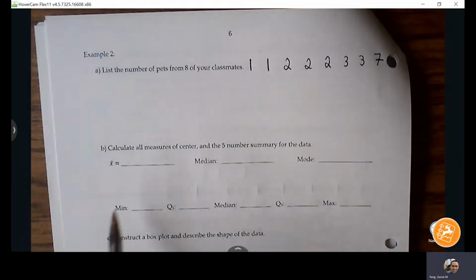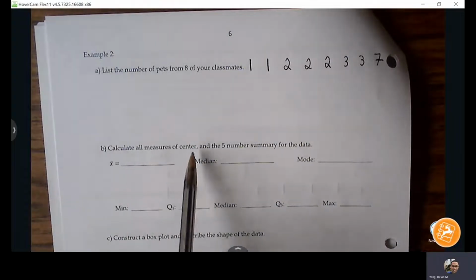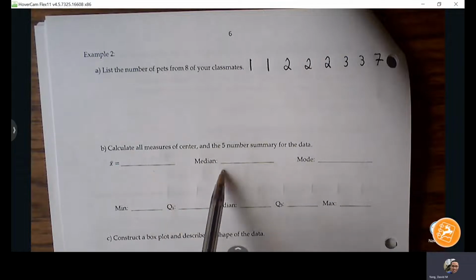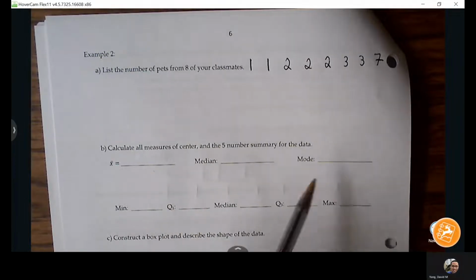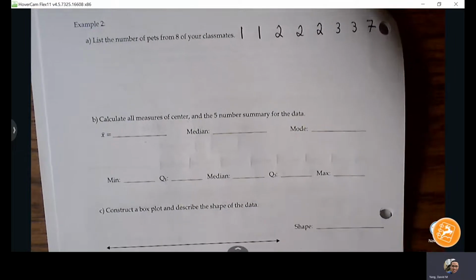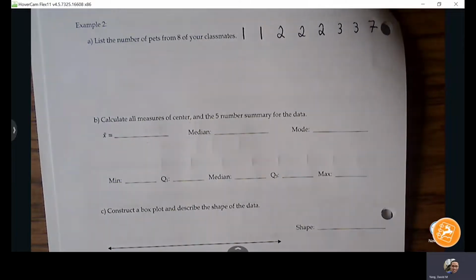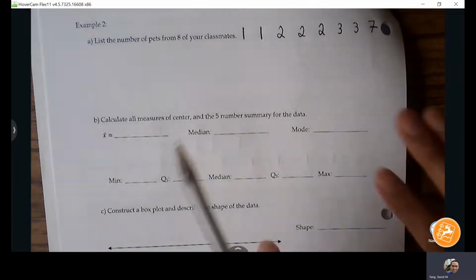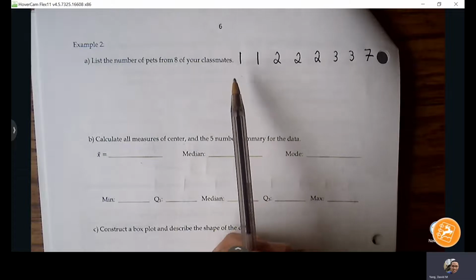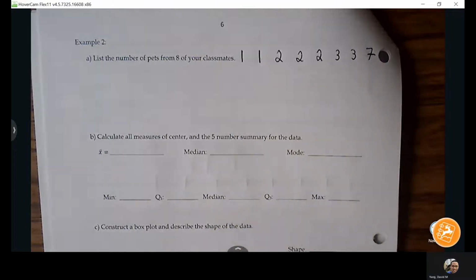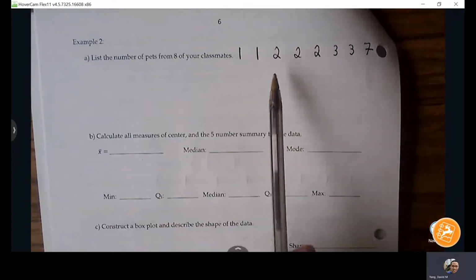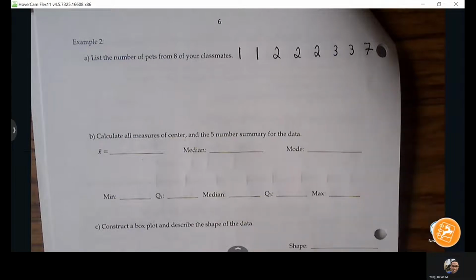Let's see how we do here between B and D. Calculate the measures of center: the mean, the median, the mode, the 5-number summary, and then create your box and whisker plot. And then also find the range, IQR, and mean absolute deviation. Oh yeah, up here. Sorry, my bad. 1, 1, 2, 2, 2, 3, 3, 7.